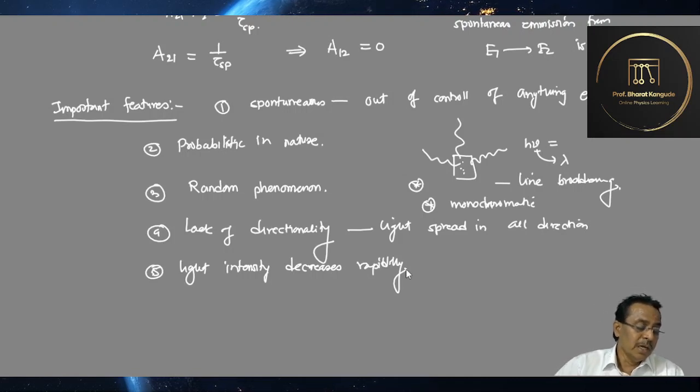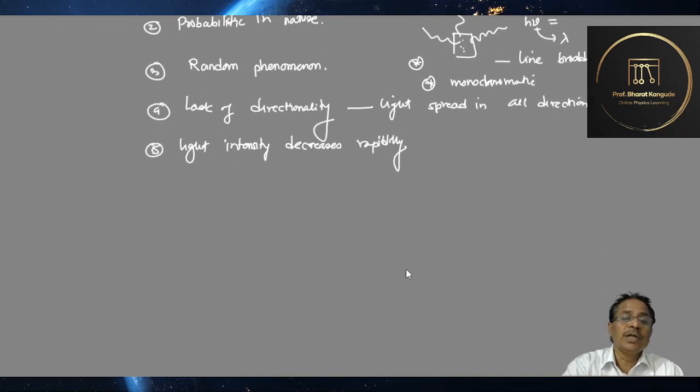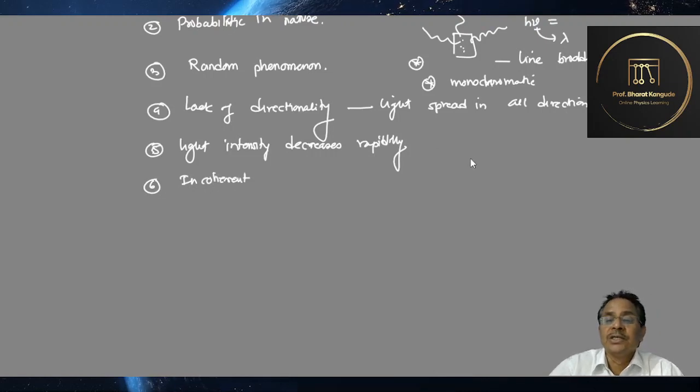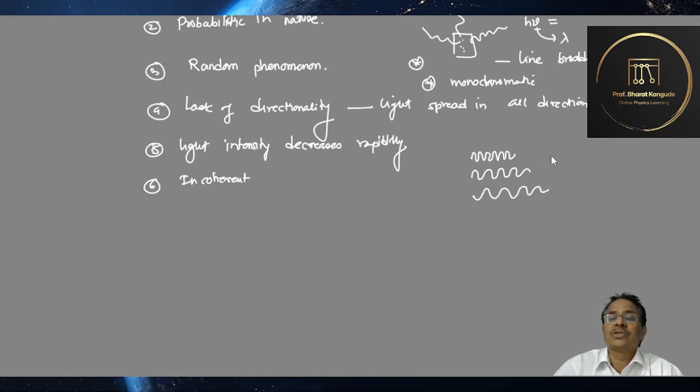Here I can go for another important thing: the light is incoherent too. So the sixth feature is incoherent. That means the phases differ: one has this phase, another has this type of phase, a third has another phase. This is a case of incoherence.